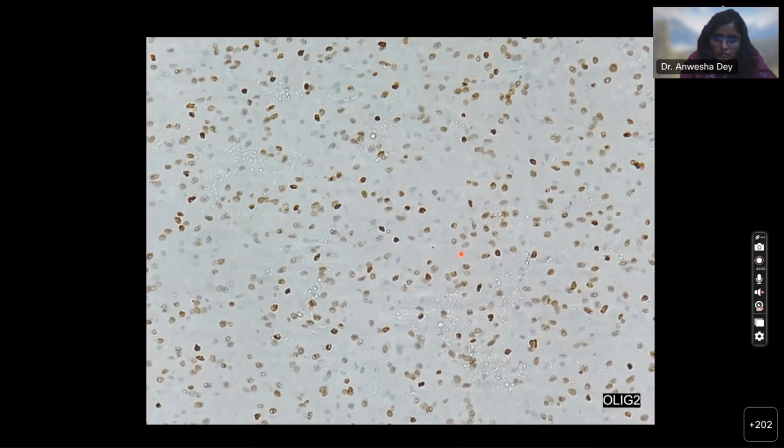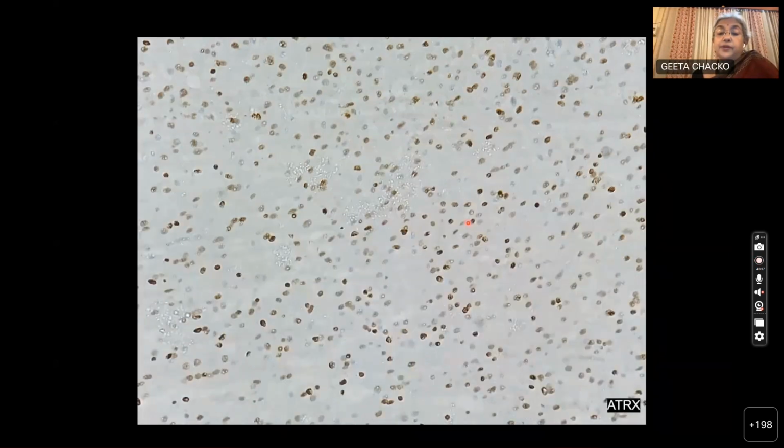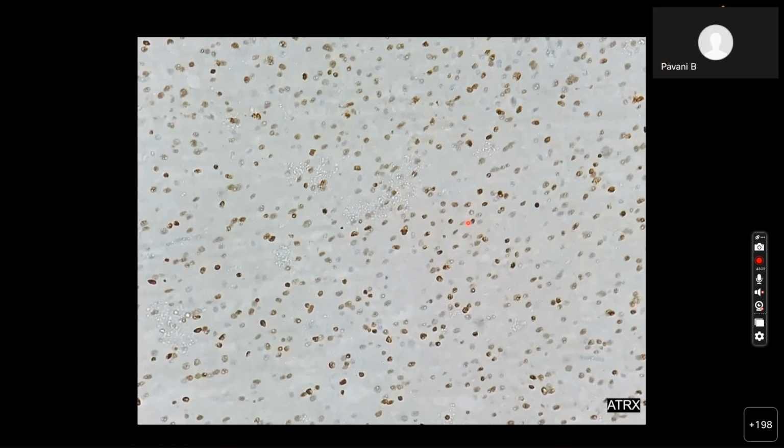I provided this OLIG2, which you learnt in the previous session, is a transcription factor. And what are you seeing here? Cells are positive for OLIG2. Okay. And ATRX? ATRX also positive.